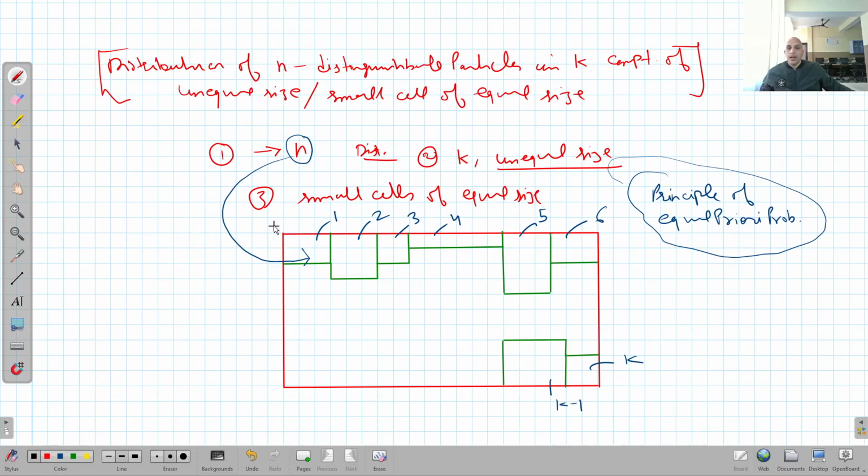So I'm going to do it. I'm going to divide these compartments into small cells of equal size.